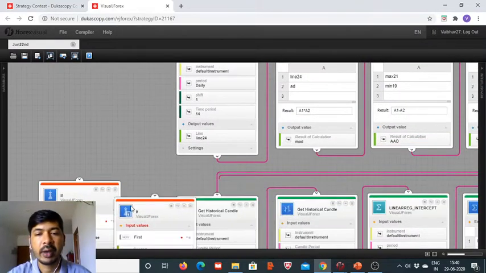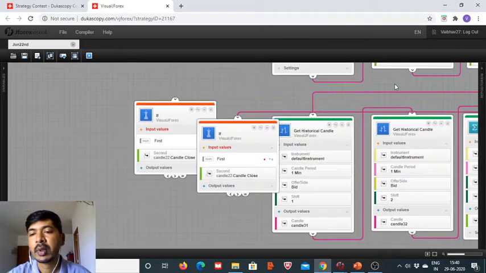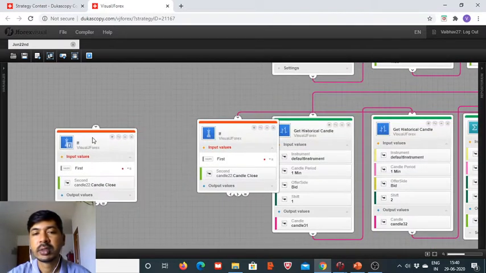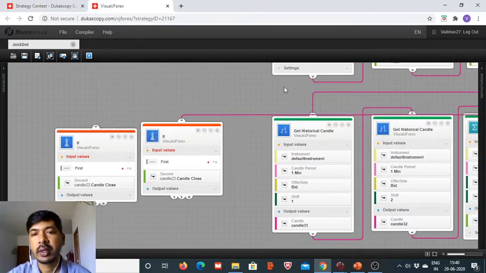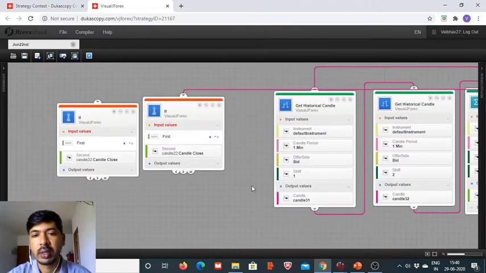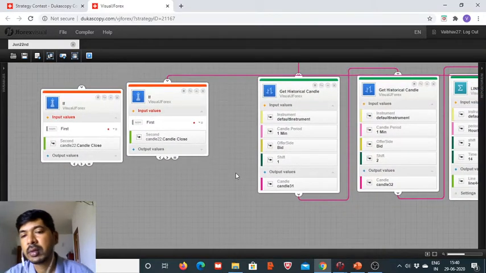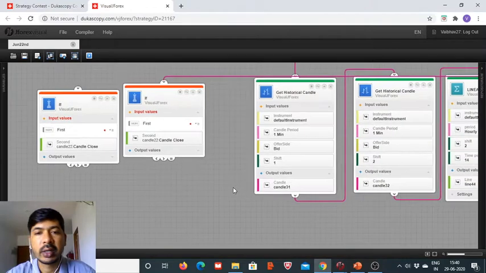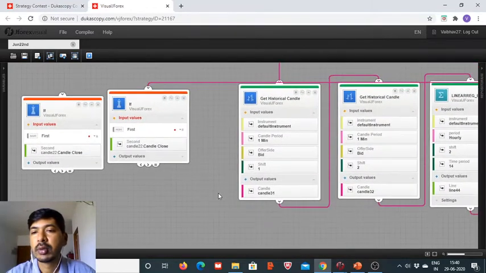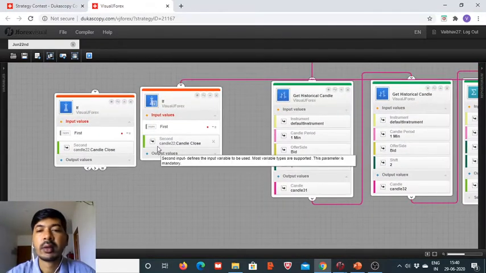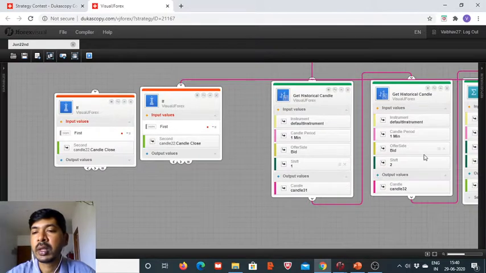And here we have added these 1 minute historical candles. So we now do the comparison, candle 31 and candle 32's closing levels. Here this is shift 1, this is shift 2.